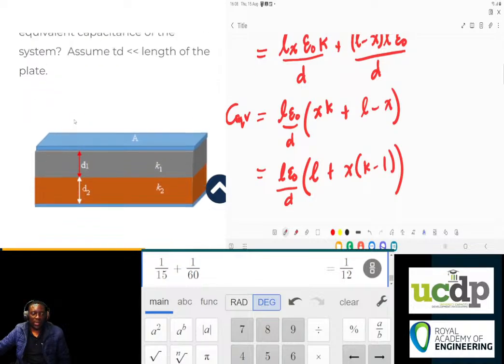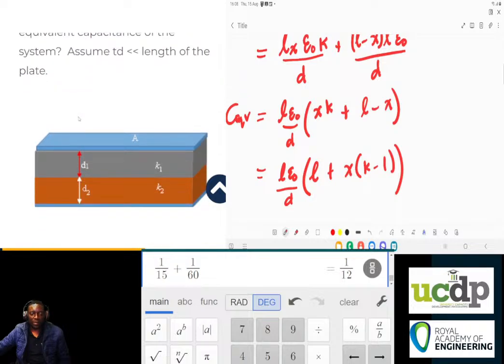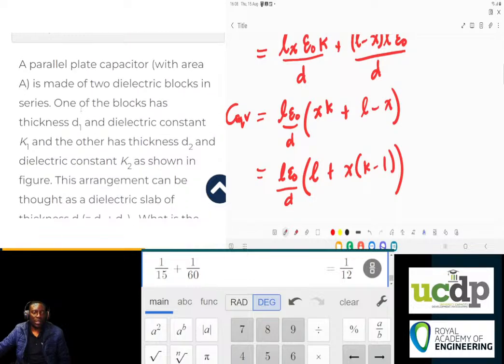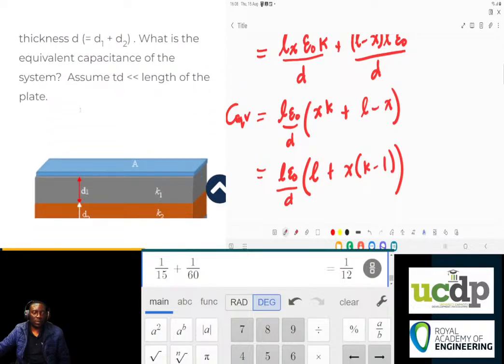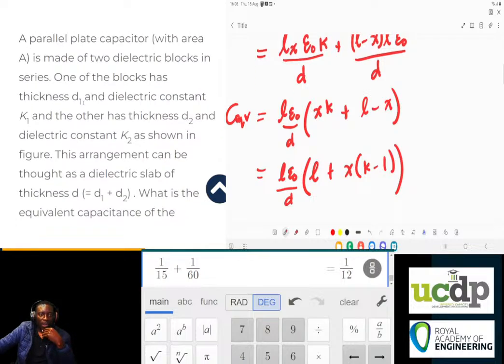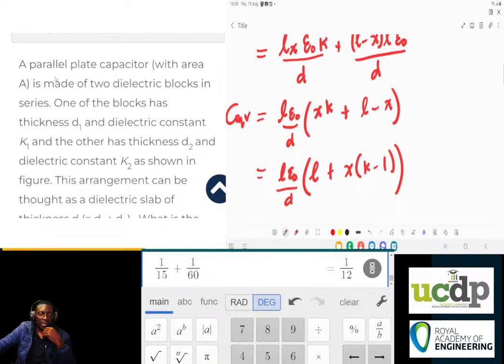So can we get an expression for the equivalent capacitance of this system? I don't think I understand the question. I didn't read well. Okay, so can you scroll up? We have this parallel plate capacitor with area A, which is already given. It has two dielectric blocks, one in blue and the other in orange, arranged in series.